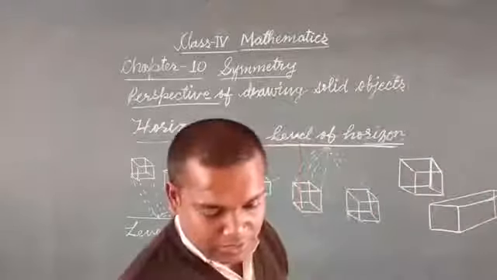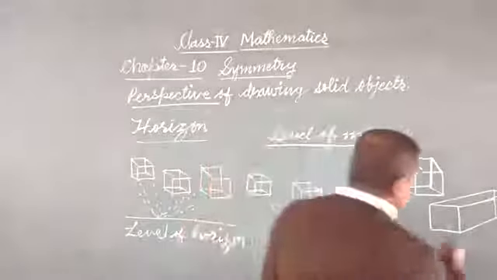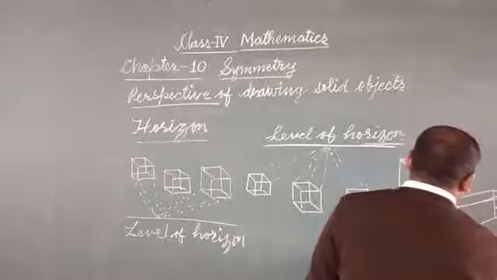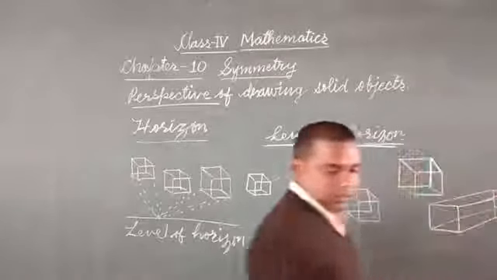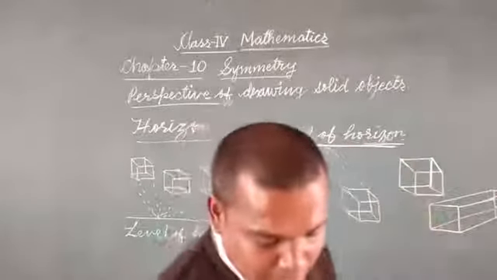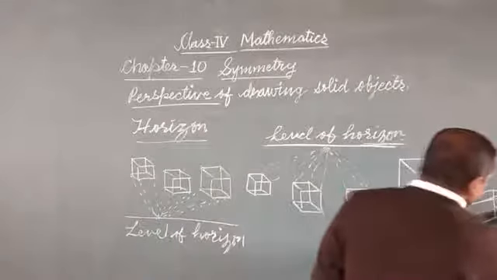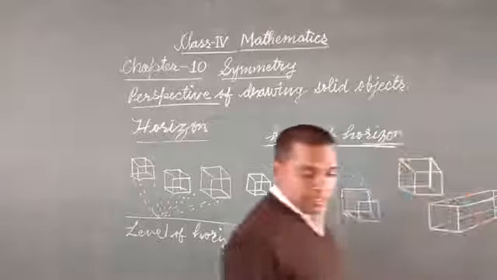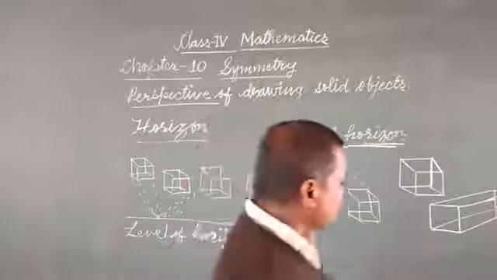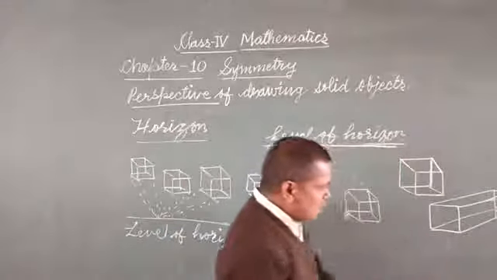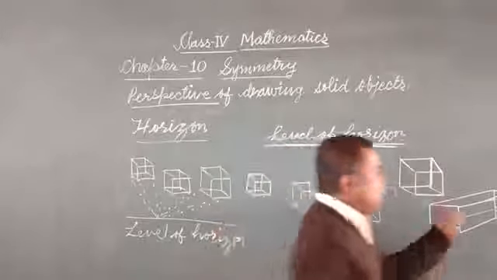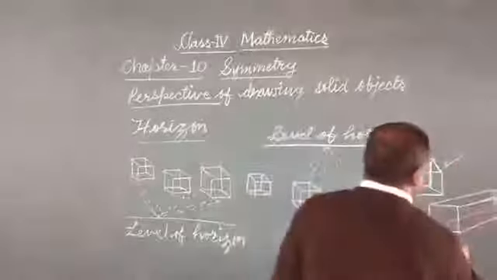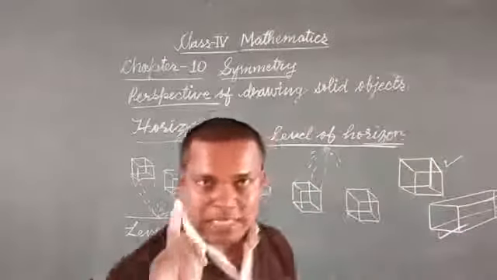Here in this way, then we have to understand that one point will be available here. This is the figure where we are getting the vanishing point. So it seems that this part is bigger and the back part is smaller. So this figure is the actual figure and this figure is in perspective view.